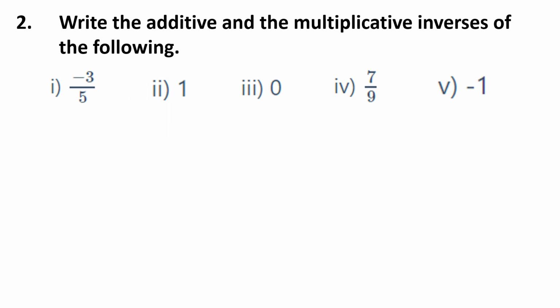Question number 2. Write the additive inverse and the multiplicative inverse of the following. Additive inverse means nothing but the opposite sign. Multiplicative inverse means nothing but the reciprocal. The numbers are minus 3 by 5, 1, 0, 7 by 9 and minus 1.